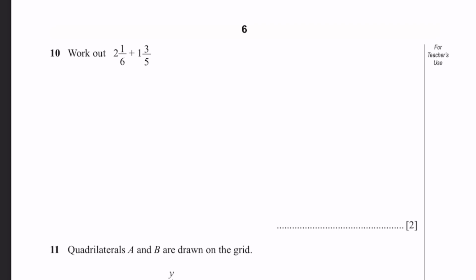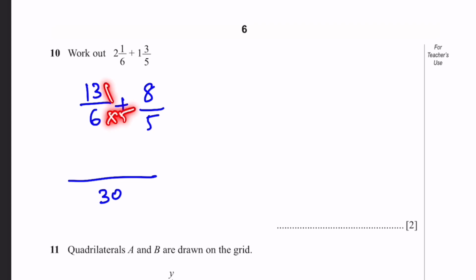Question 10. Work out 2 1 by 6 plus 1 3 by 5. First of all, let's convert both of these to improper fractions. This means 13 by 6 plus 8 by 5. Okay, so the LCM of 6 and 5 is actually 30. So we're going to put a common 30 below. And now above, 6 into 5 is 30, so 13 into 5 is equal to 65.